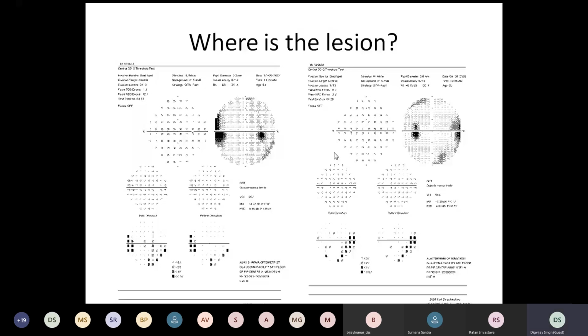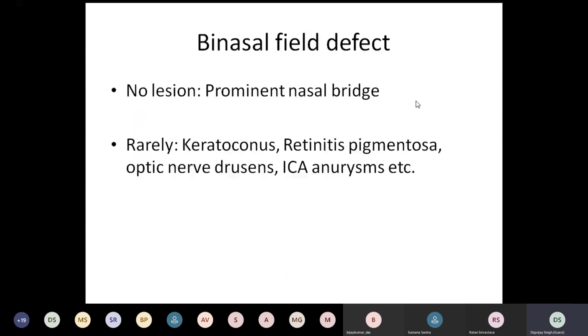All of us know bitemporal field defects are seen in pituitary adenomas, but what causes binasal field defects? So, binasal field defect, like deep-set eyes, there was a prominent nasal bridge that this patient had. So when he did that, he couldn't see the nasal side of the field, or he missed some of it.